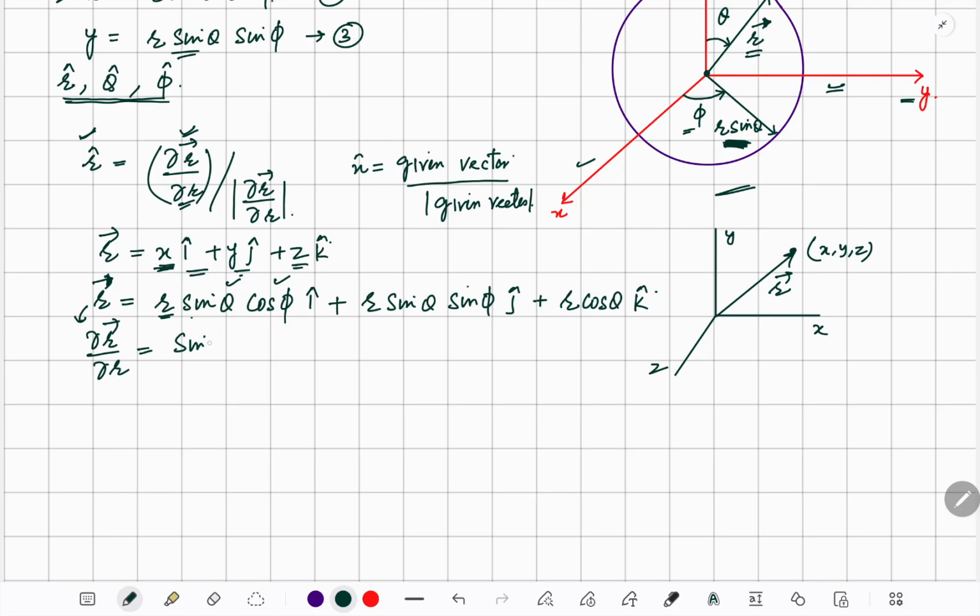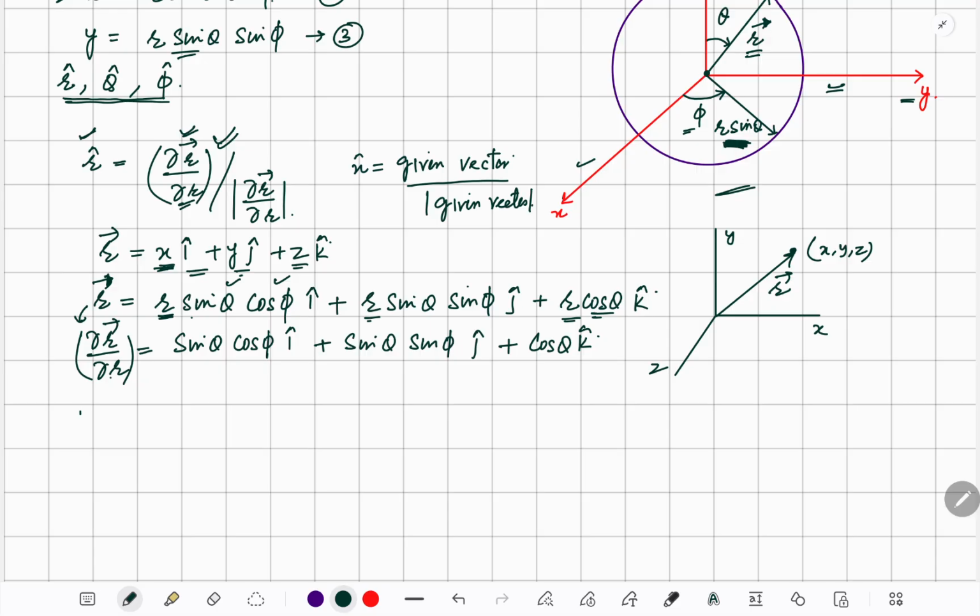So sine theta cos phi i cap, because with respect to r we are differentiating, so it would be 1, plus here it would be 1, sine theta sine phi j cap, plus here it would be 1, so cos theta k cap. So this is dou r by dou r.